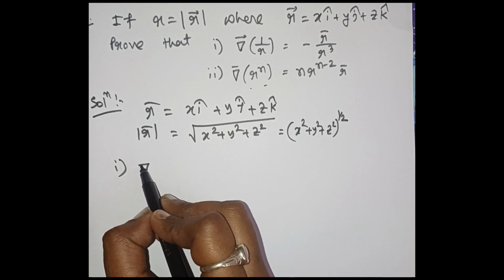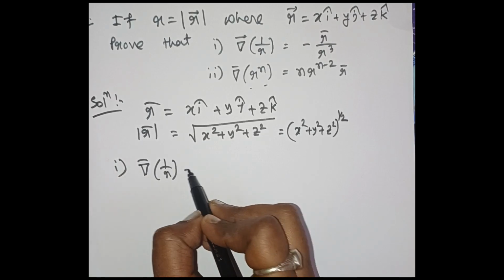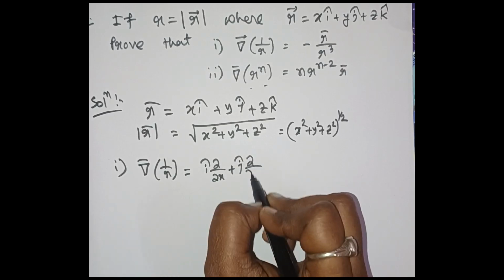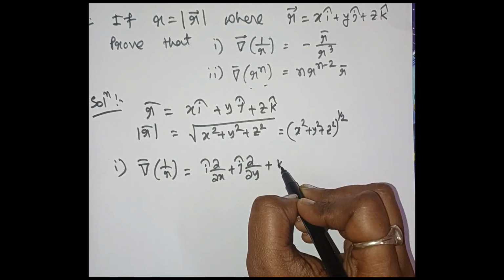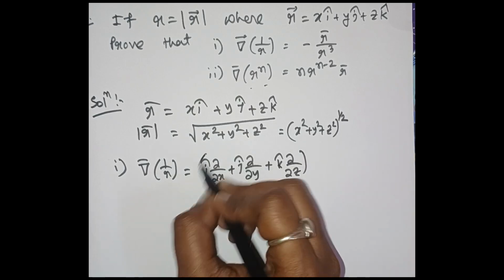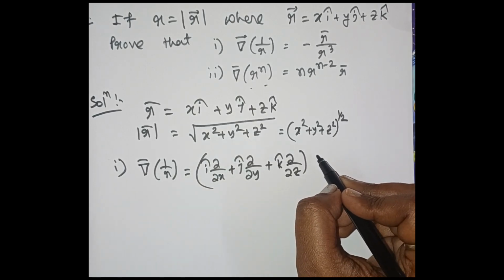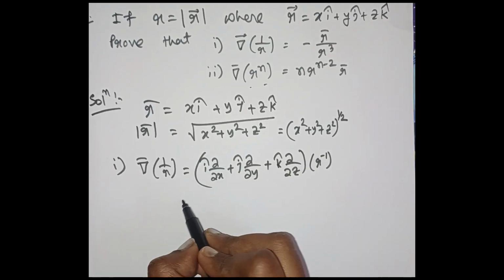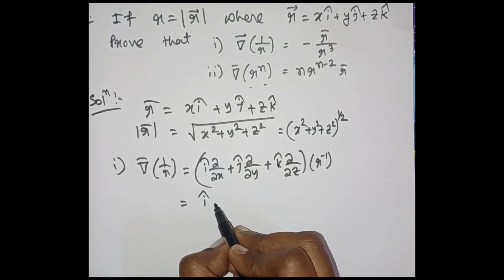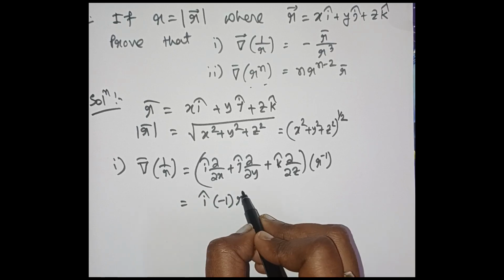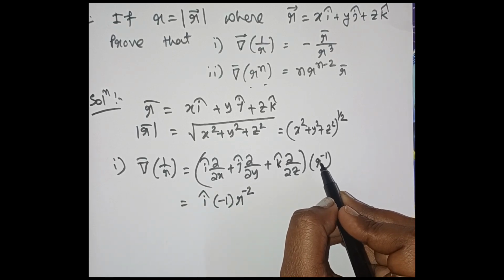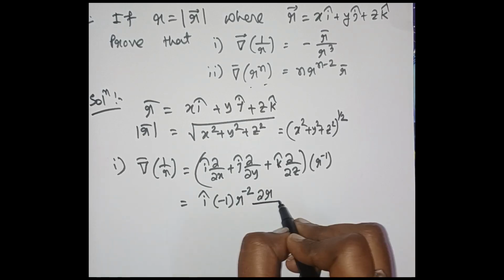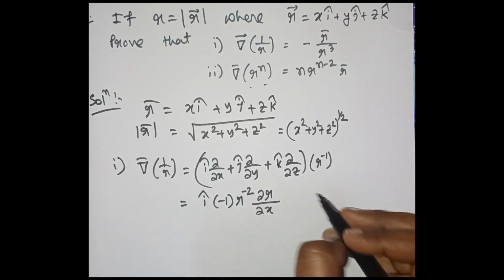So first, grad of 1 by r, that is i del x plus j del y plus k del z of 1 by r. We can write this as r inverse. Now if you use chain rule, this can be written as i times minus 1 r power minus 2 del r del x, because the derivative of this with respect to r is minus 1 r power minus 2. We are using chain rule.